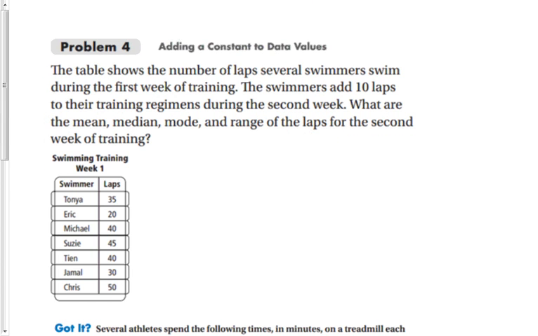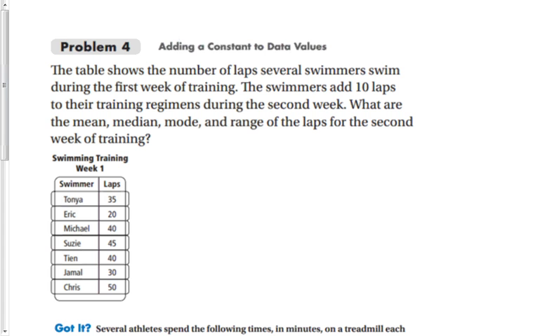Okay, and in this one, we're going to add a constant, and we're just going to show that if you add a constant to each member of a data set, then the mean is going to change by that constant. The mode is going to change by that constant, and the range is going to stay the same.